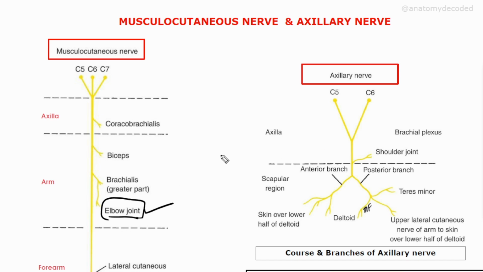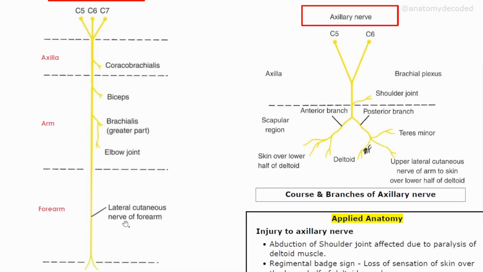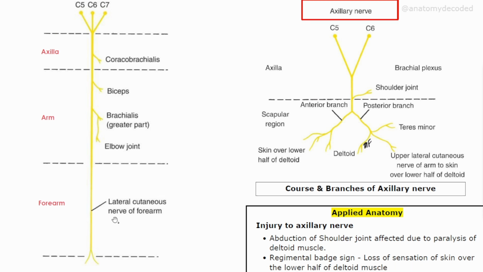Then in the forearm, it continues as a nerve called the lateral cutaneous nerve of the forearm. That's why the name of the nerve is musculocutaneous nerve. It supplies some muscles and ultimately continues as a cutaneous nerve, the lateral cutaneous nerve of the forearm, which supplies the lateral aspect of the forearm.